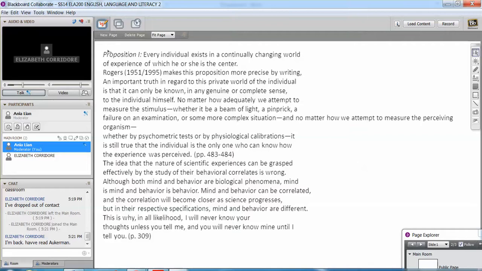And here he makes very good points that the individual exists in a continually changing world, which means one's identity is continuously being reconstructed, reorganized as they go through experiences.